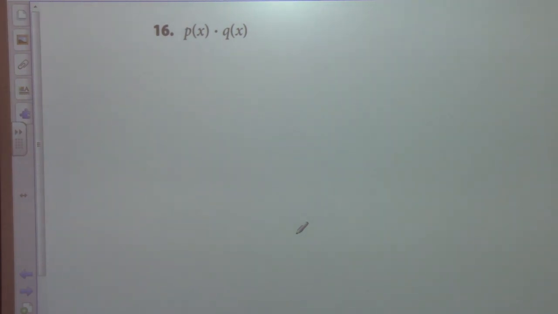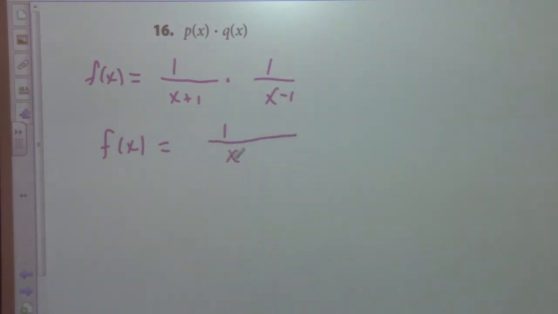So this time, it's the same as we've been doing earlier, except we got f of x equals 1 over x plus 1 times 1 over x minus 1. What's this one going to be? 1 over x plus 1, and then you multiply that by x minus 1.